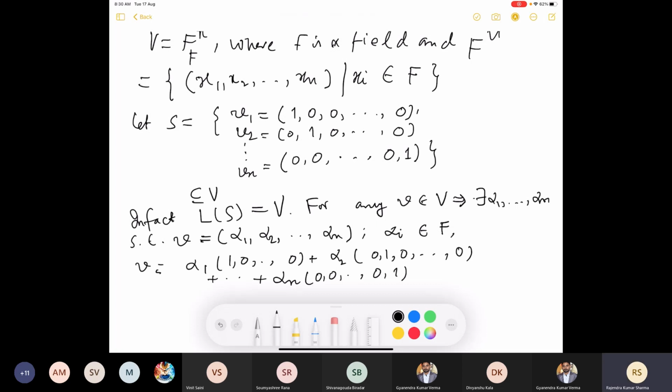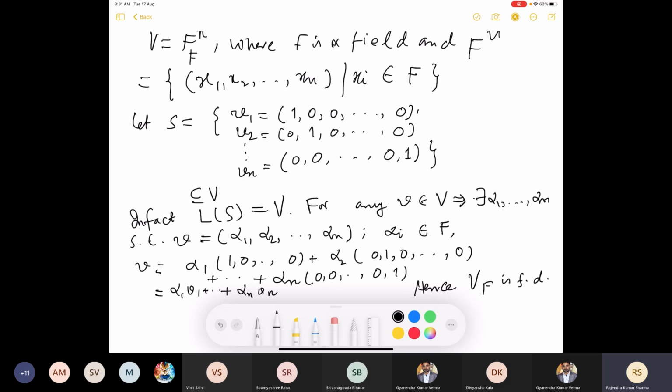So this in turn is the same thing as saying that this is a linear combination of v1, v2, up to vn. So every vector in V can be written as a linear combination of the vectors v1, v2, up to vn from S. So that makes the linear span of S the whole of V, and since S is finite, what we get is that this is finite dimensional. Hence V over F is finite dimensional.